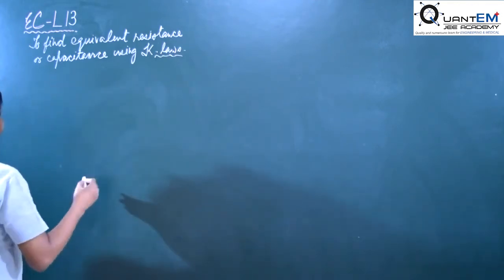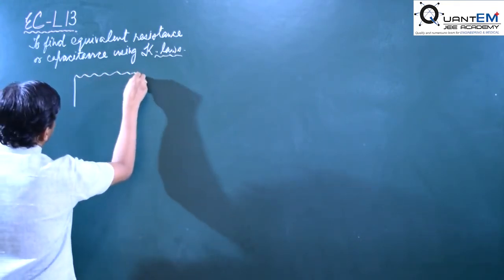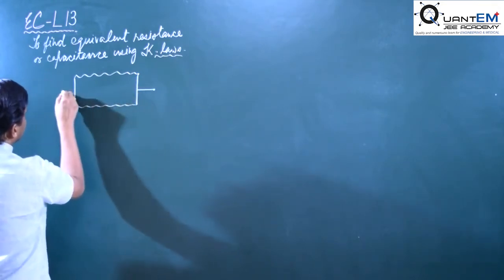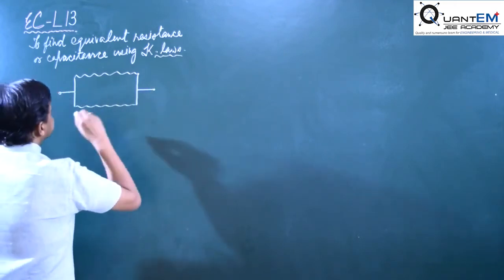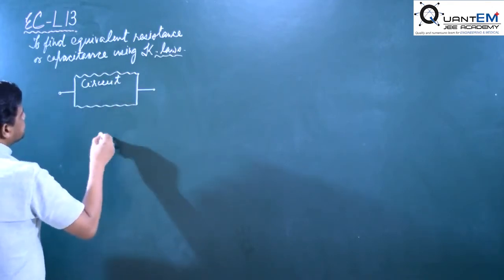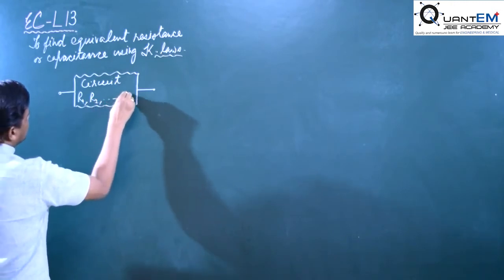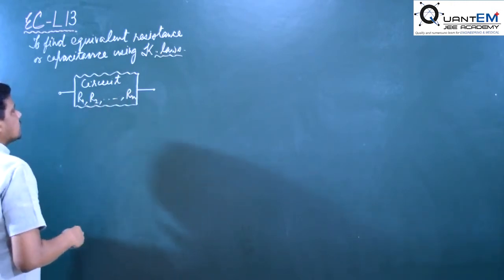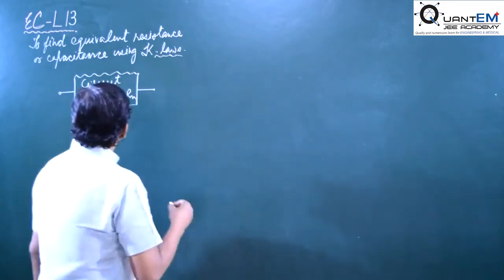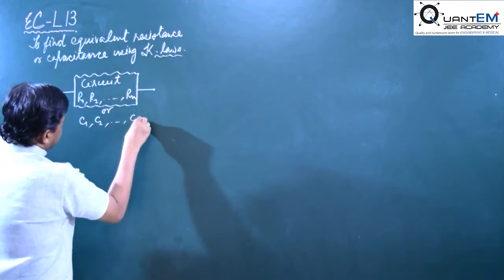So suppose we have a circuit having a number of resistors or a number of capacitors. Suppose the circuit has two terminals. It is a circuit with a number of resistors R1, R2 and so on up to Rn, and in place of R1, R2 we may have the capacitors C1, C2 and so on up to Cn.